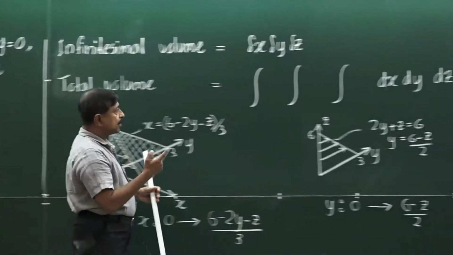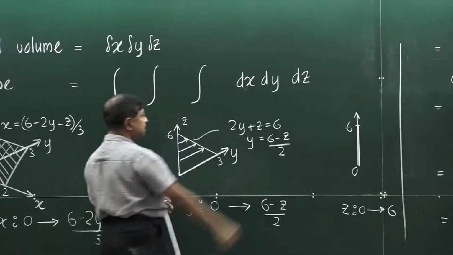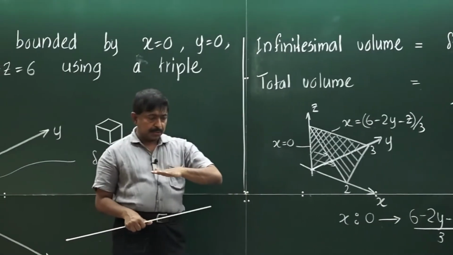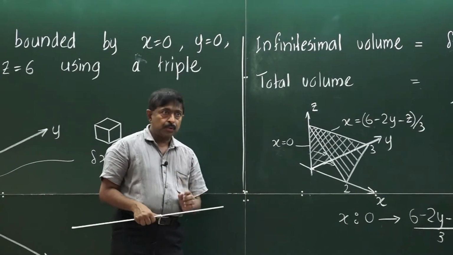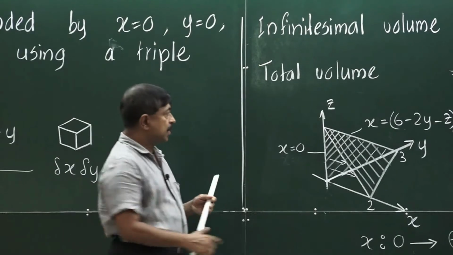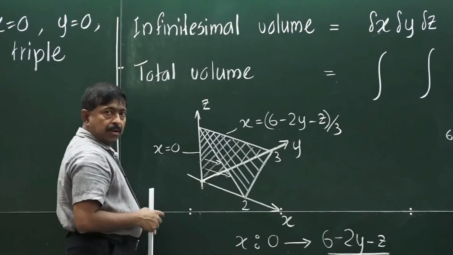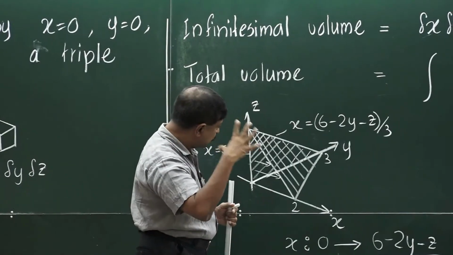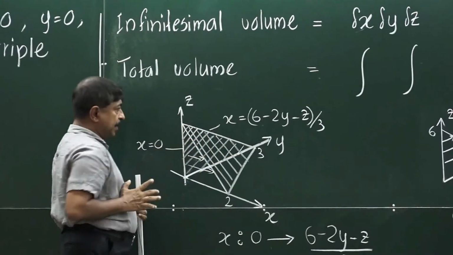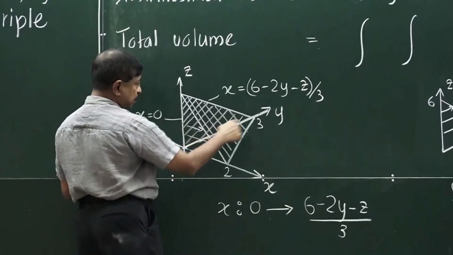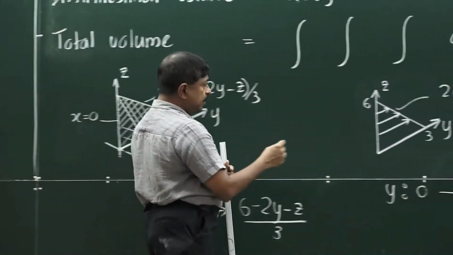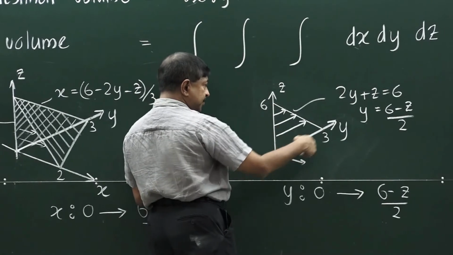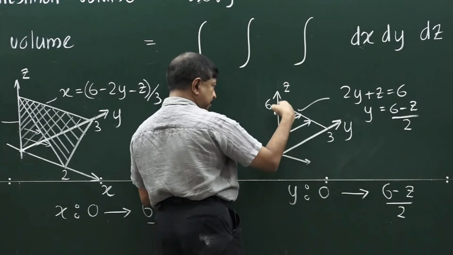Out of these three variables, you restrict yourself to y and z. That means the yz plane. How do you do that? You project this entire volume onto the yz plane. So, this part will go away. Now, we restrict ourselves to this one.